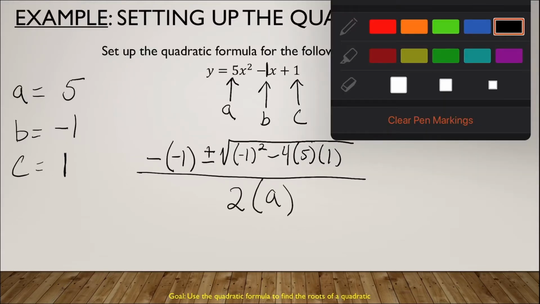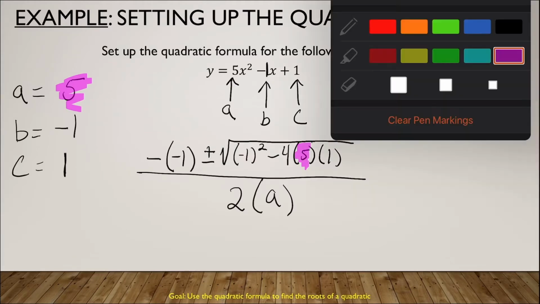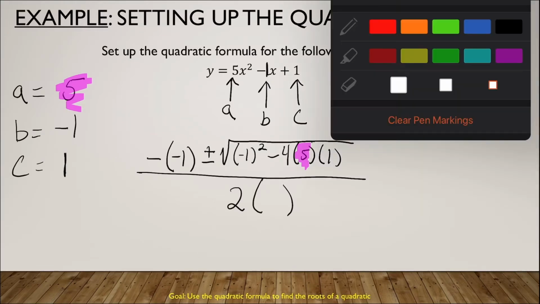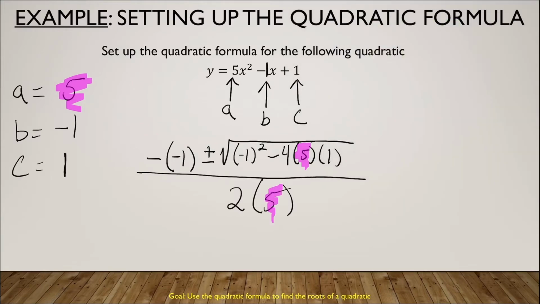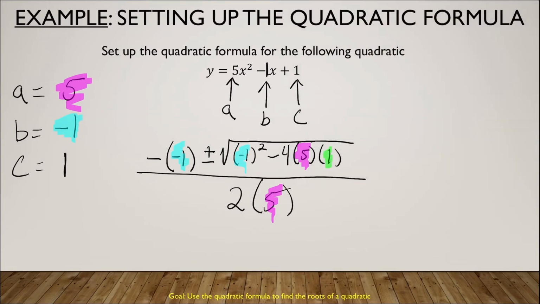So my a's are right there. My b's are -b here, b there, and then my c goes right there.